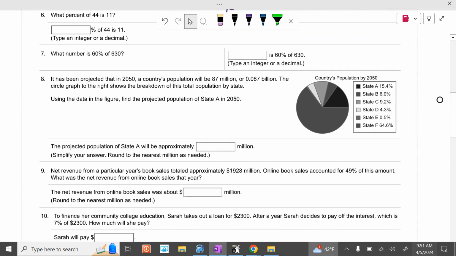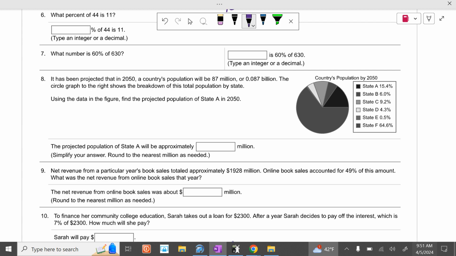Okay. Now, looking at this, and it's in black and white on the board. It'll be in color on your computer screen. If it has been projected that in 2050 the city's population will be 87 million, the circle graph shows the breakdown of this total population by state.